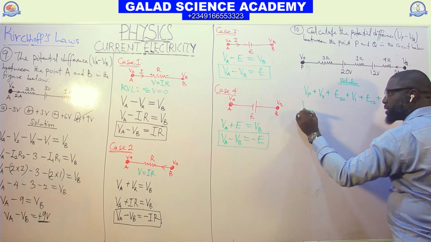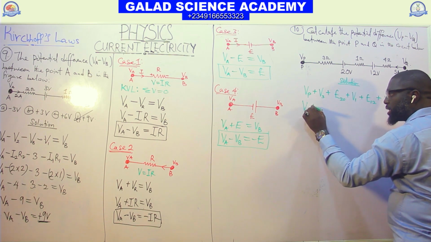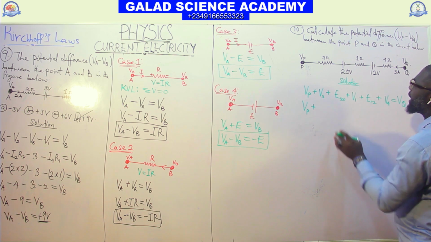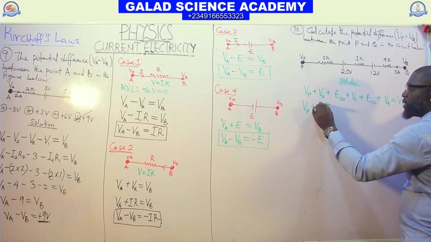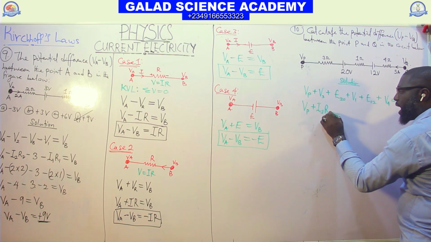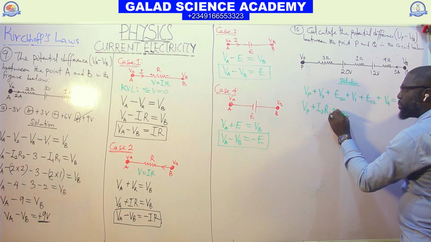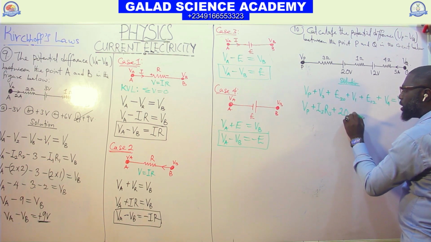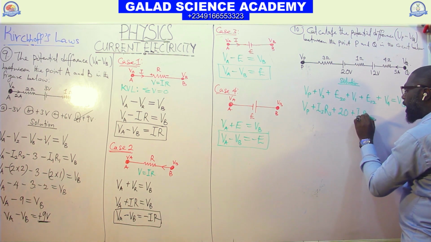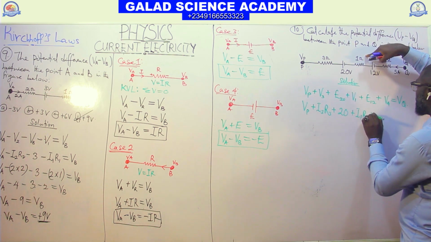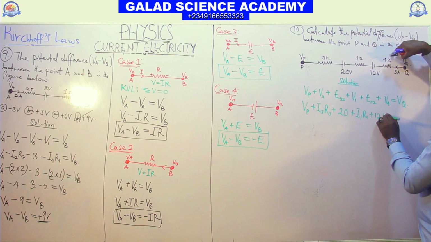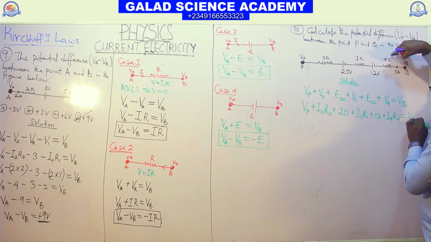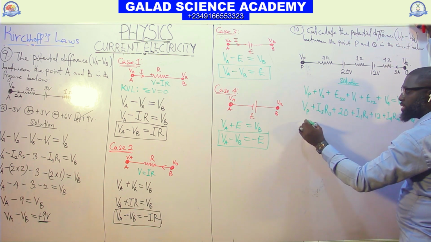By simplifying, this will be I3 R3 plus 20 volts, plus I1 R1 for 1 ohm plus 12 volts, plus I4 R4, equal to VQ. So what do we have next?